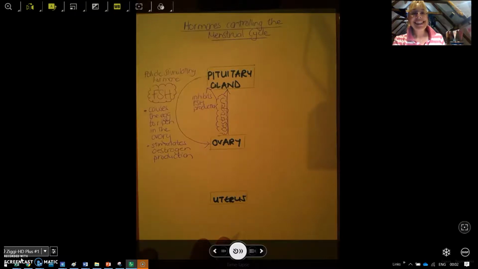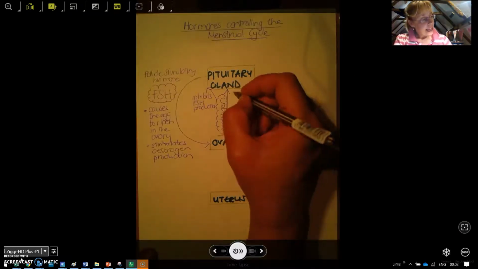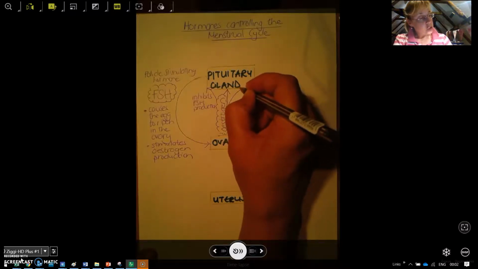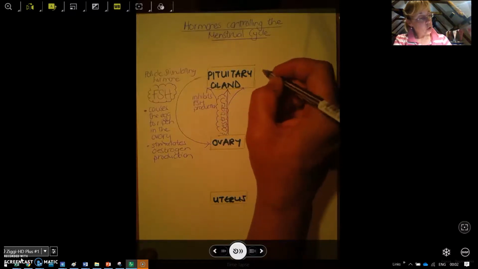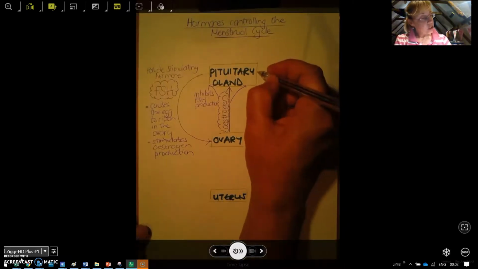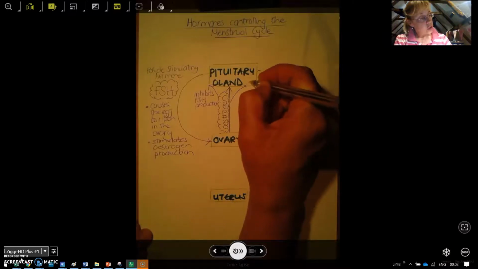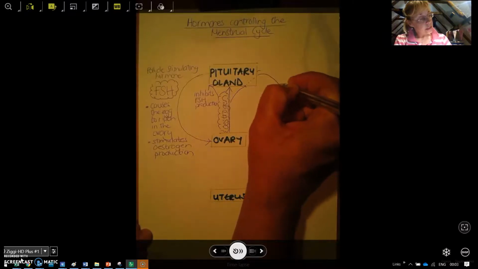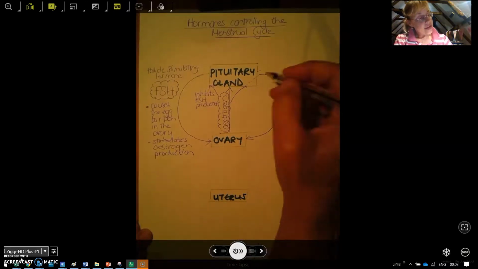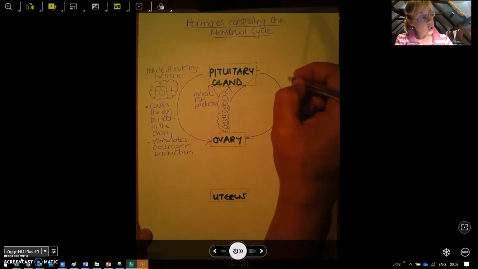And at the same time, it causes the pituitary gland to secrete a new hormone, which is going to target the ovary, and that hormone is called luteinizing hormone.